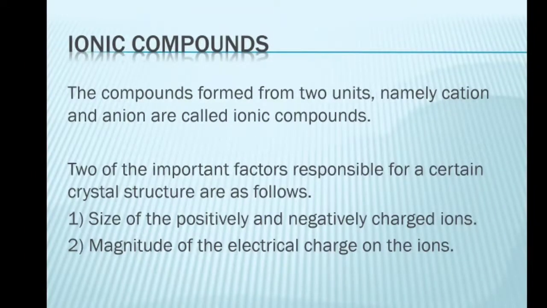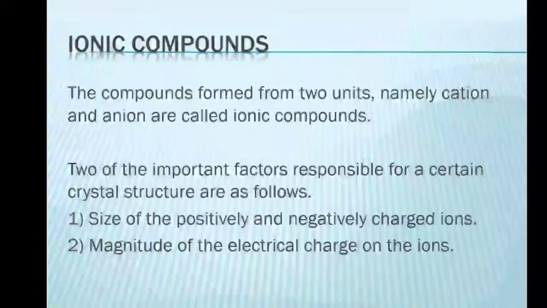The main factor that determines the general arrangement of the ions in a crystal is the attractive force between oppositely charged ions and the repulsive force between the like charged ions.